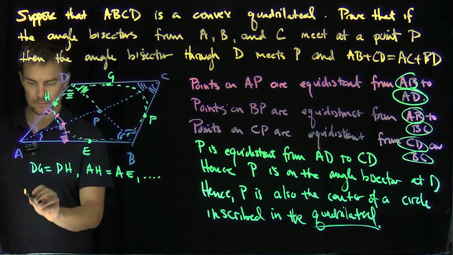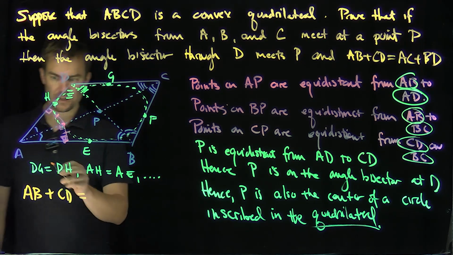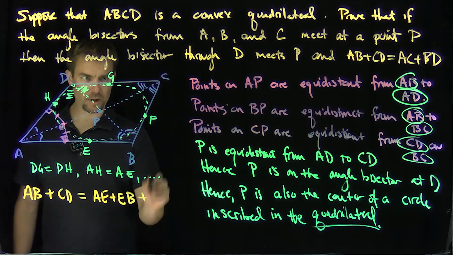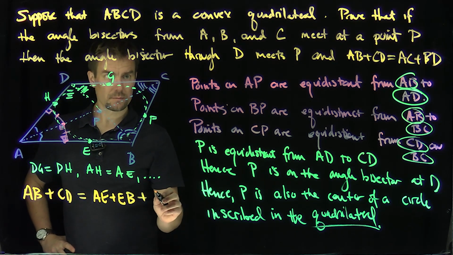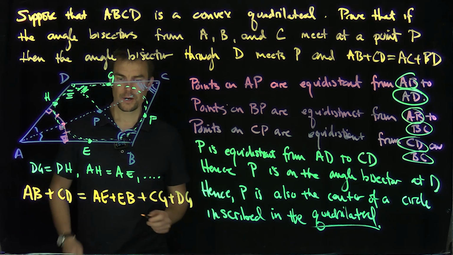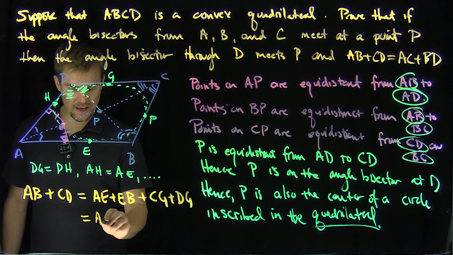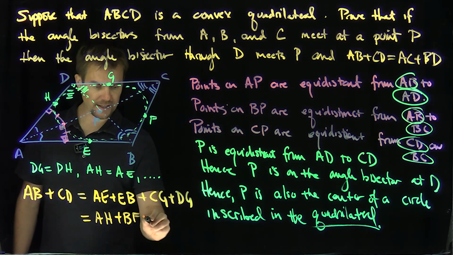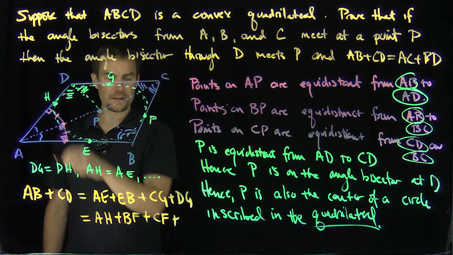Let's look at AB plus CD is going to be AE plus EB plus CD, and CD is going to be CG plus DG, right? I just do those decompositions. Now by tangency, what do we have? By tangency, AE is AH. By tangency, EB is BF. By tangency, CG is CF. And by tangency, DG is DH.